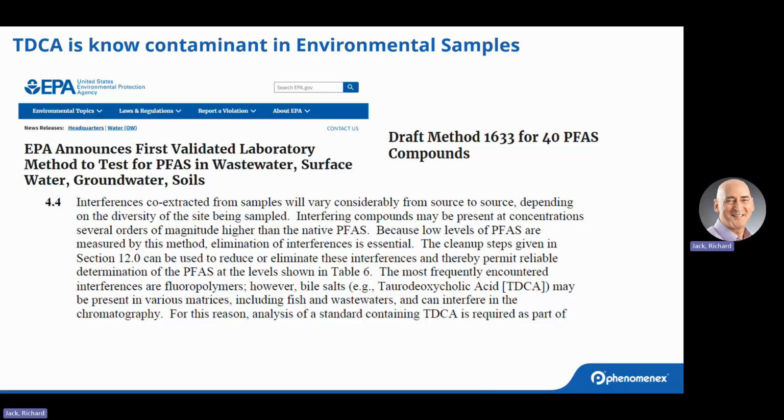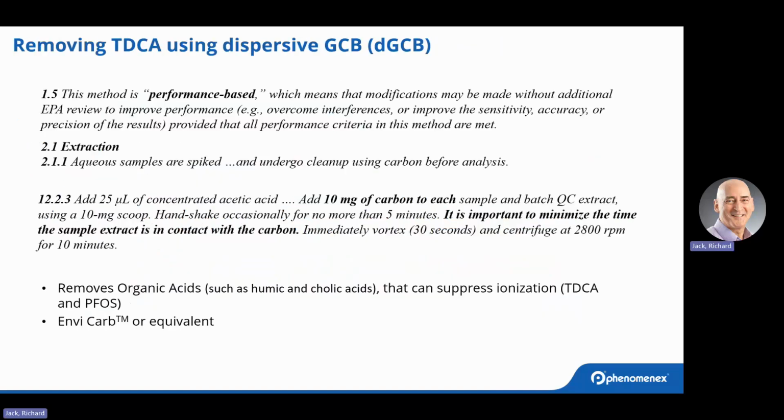It's validated for wastewater, surface water, groundwaters, and soils. It should be promulgated sometime in 2024. So specifically, the method talks about TDCA removal or mitigation using dispersive graphitized carbon black.